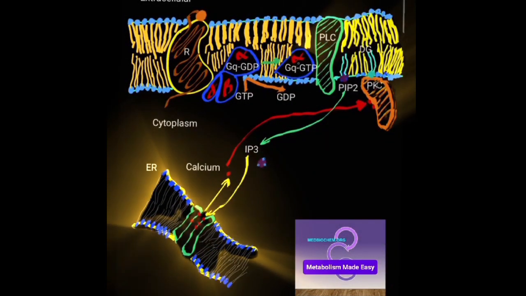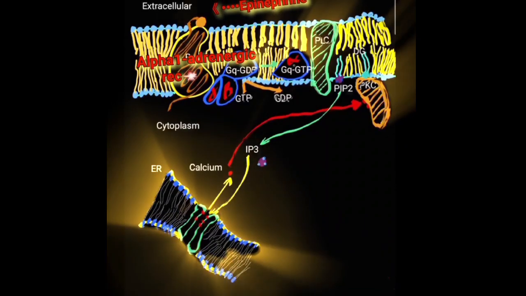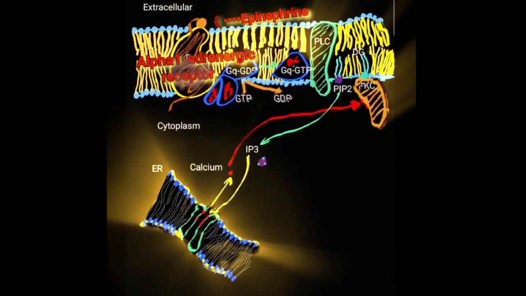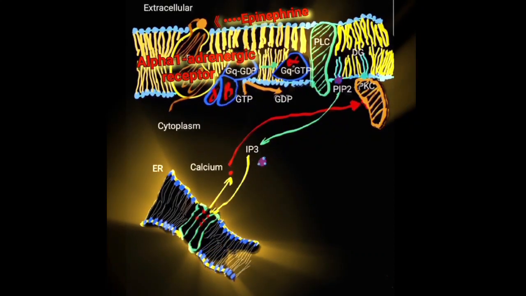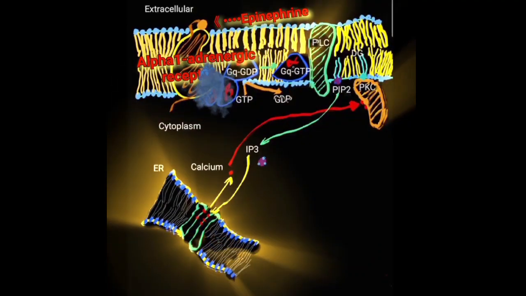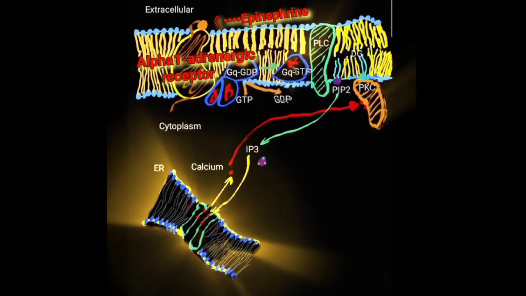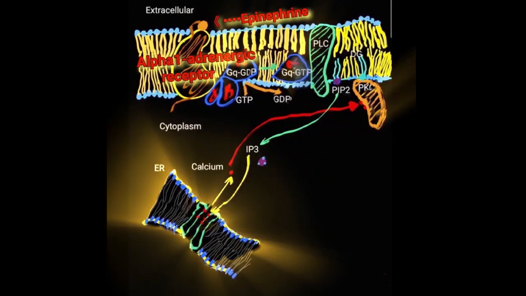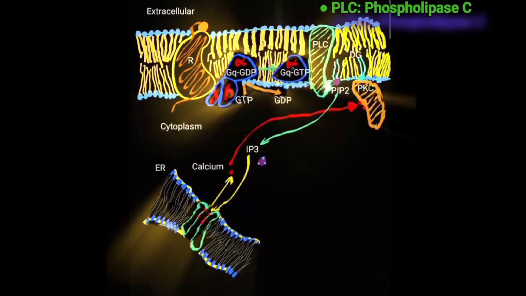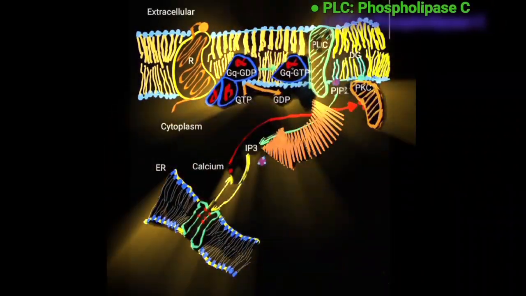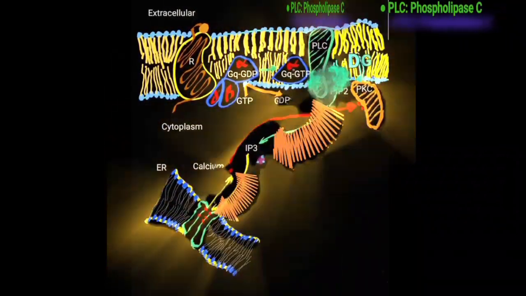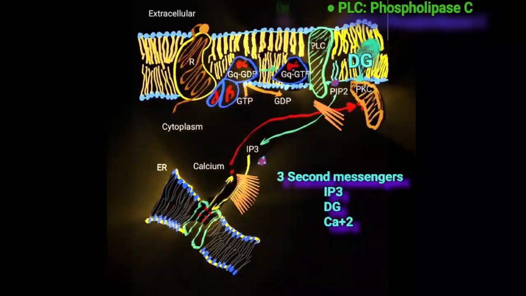Activation of the alpha-1 adrenergic receptor by epinephrine results in the activation of the trimeric G protein designated GQ. GQ dissociates to produce GQ alpha bound to GTP, which then can activate phospholipase C. Phospholipase C will hydrolyze PIP2 in the membrane to produce diacylglycerol (DG) in the membrane and IP3 in the cytoplasm.